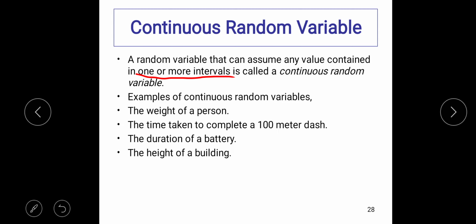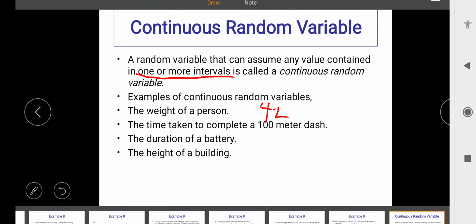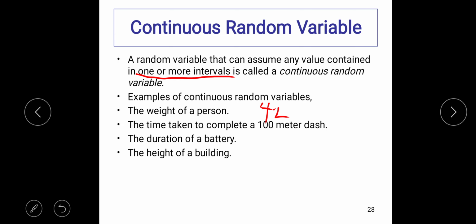Alright, example here, weight of a person, so it can be 42 or 42.3 kilograms. The time taken to complete a 100-meter dash, or maybe 0.65 minute. Duration of a battery, 67.6%.